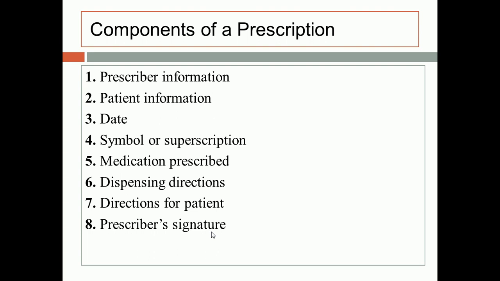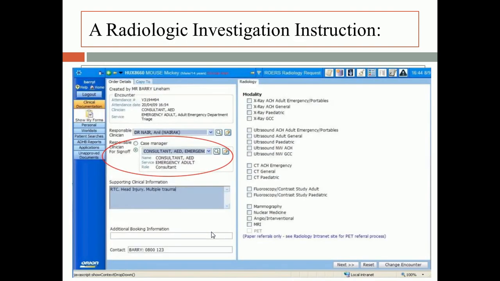So that is a prescription. And this is an example of a radiologic investigation. For example, this is a consultant, accident and emergency department. So there is a head injury, and he might be prescribed anything out of these.